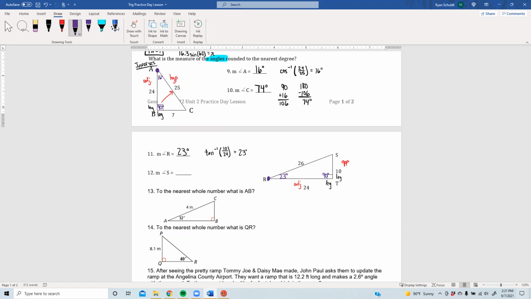So now we just have to find S. Well, we could do trig again, or we could say 90 plus 23 gives us 113, and then subtract that from 180. And let's see, that gives us 67. So measure of angle S is 67 degrees.